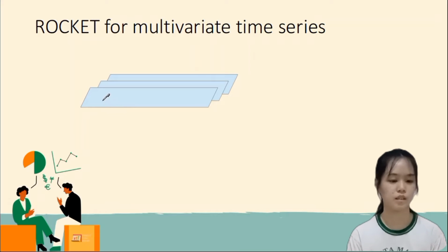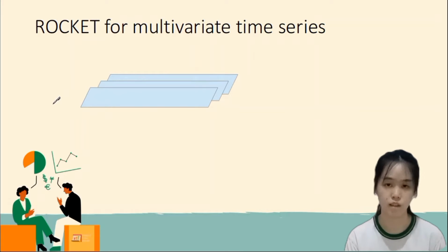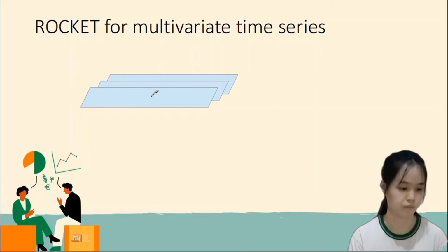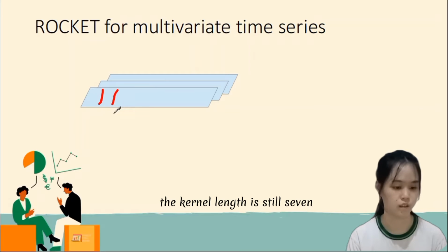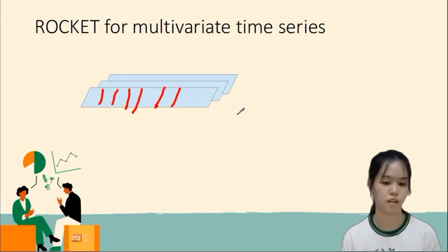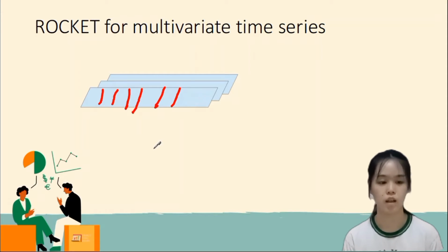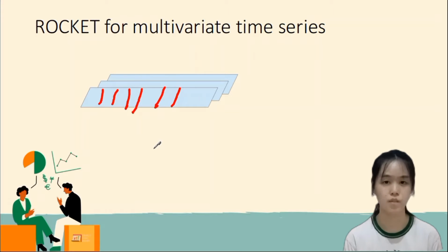It's a very little extension, actually. So let's say that the time series has 3 dimensions for now, and that the kernel length is still 7. I said earlier that the kernel has 5 hyperparameters. Now with multivariate time series, we have one more hyperparameter, which is the dimension.